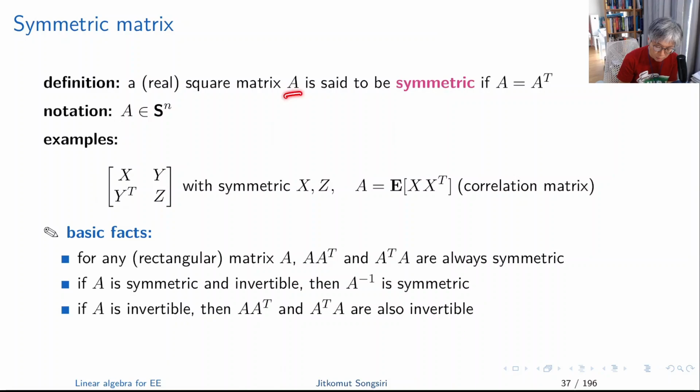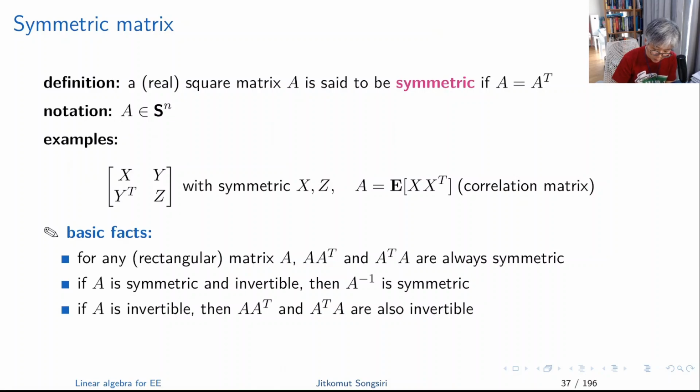We say that A is symmetric if A equals A transpose, or Aij equals Aji. For example, in block representation, if my A has sub-blocks like this, it basically means that my 1, 2 block and 2, 1 block have to be the transpose of each other.